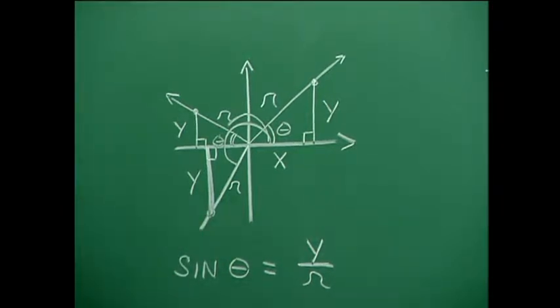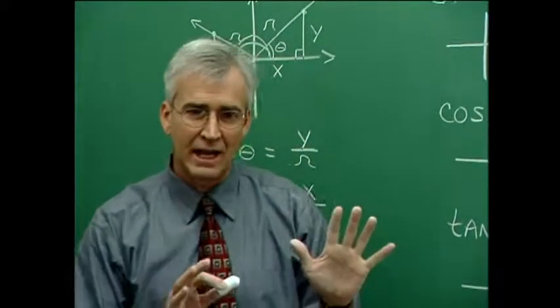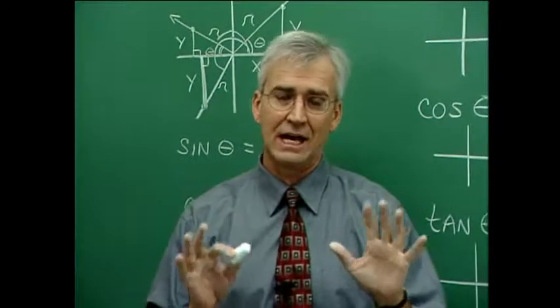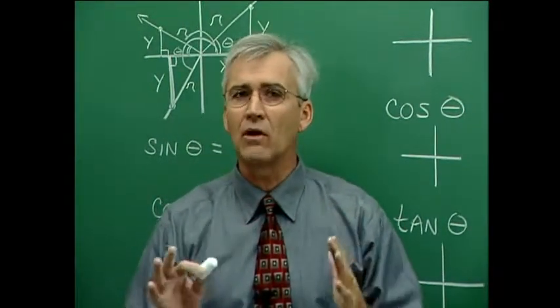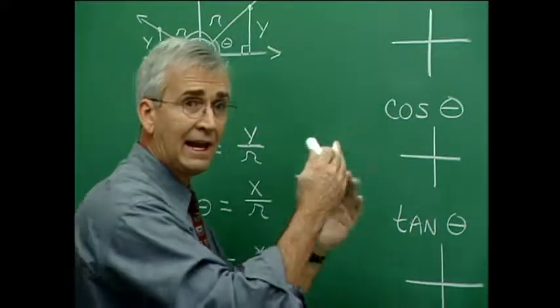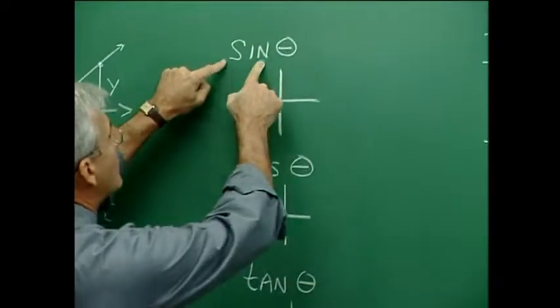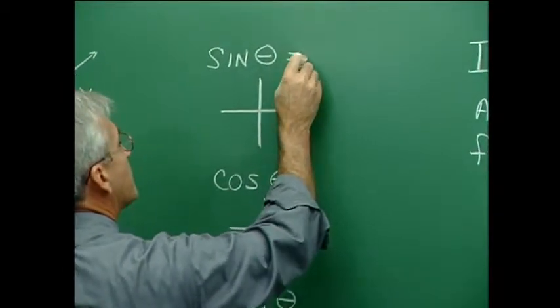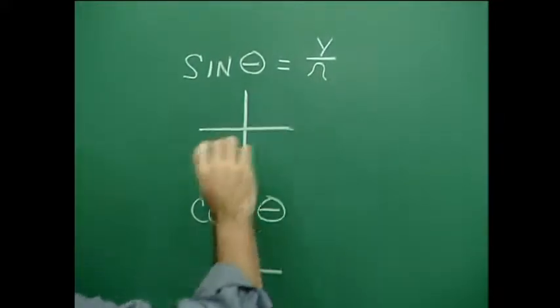Okay, now with that in mind, let's talk about the sign, S-I-G-N, of our trig ratios as we move around the coordinate plane. It turns out that the sign changes from quadrant to quadrant. Now we know that sine theta is y over r. Now r is always positive.